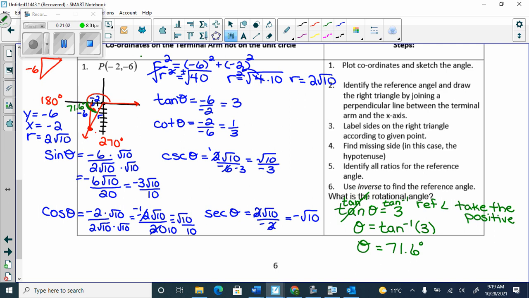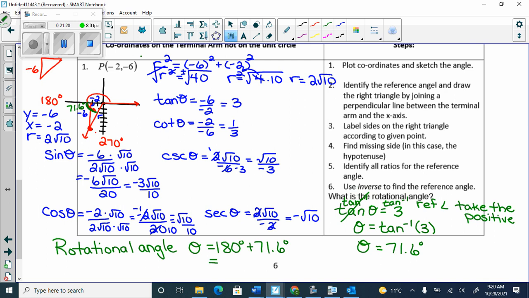So how am I going to get the rotational angle? I'm going to go theta equals 180 degrees plus 71.6, because that's what I do when my angle is in quadrant 3. When my angle is in quadrant 3, I take the x-axis and I add 71.6.